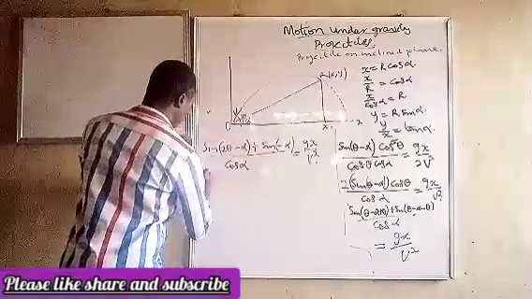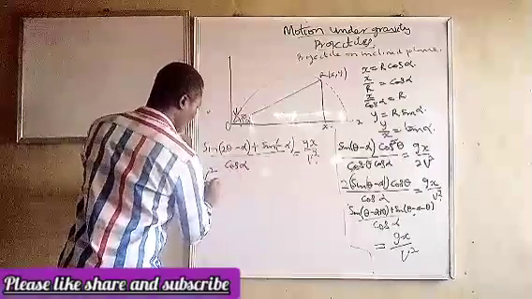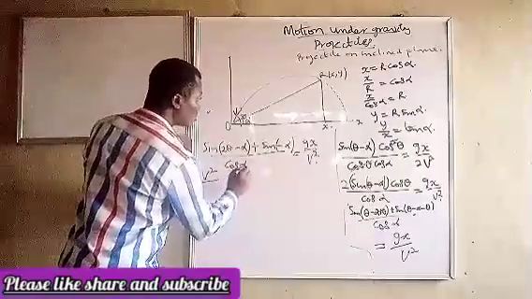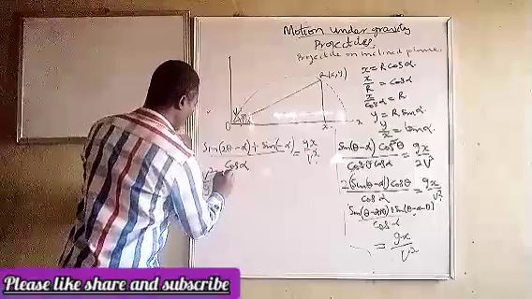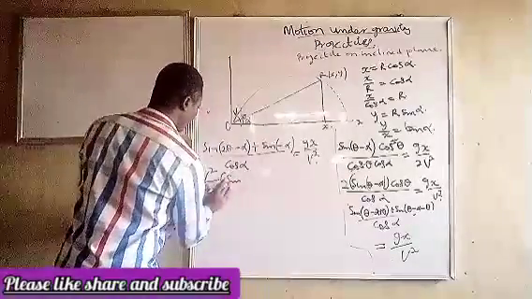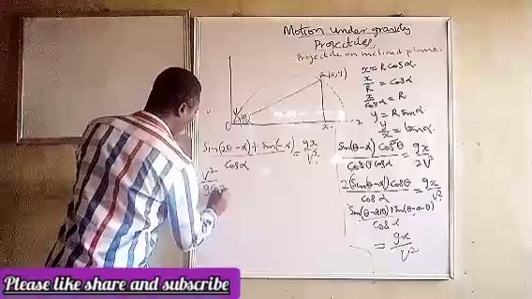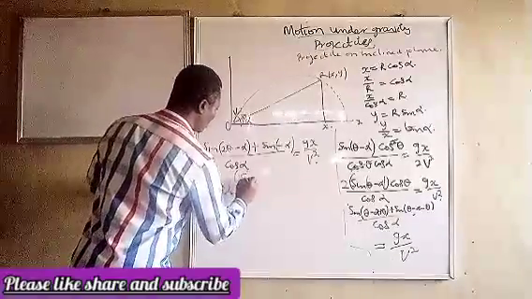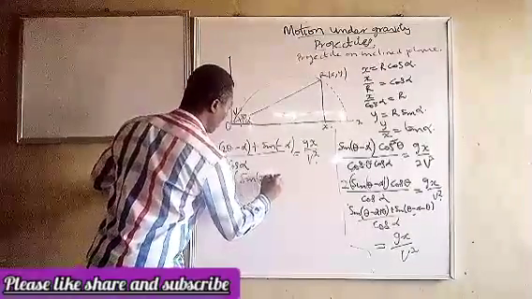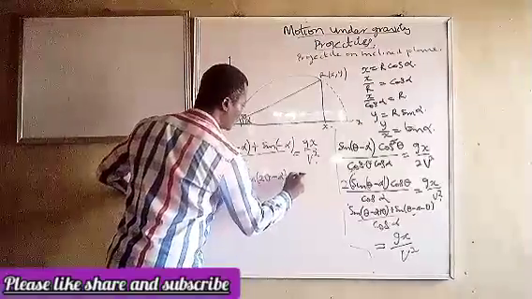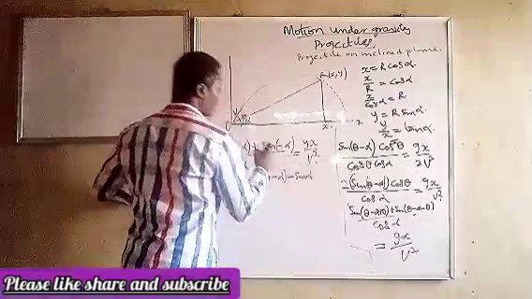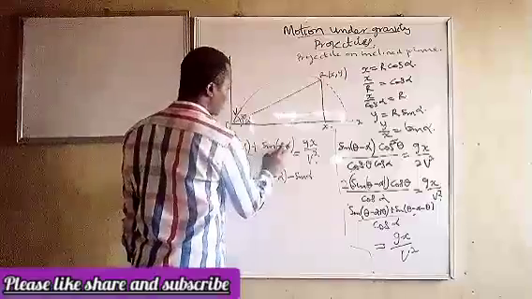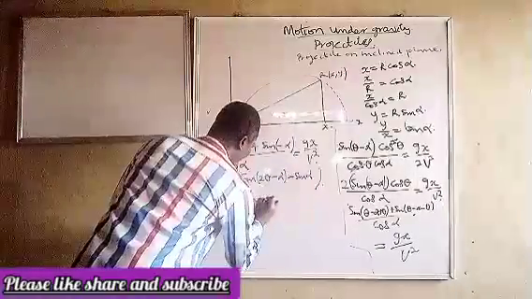Now let's make x the subject of the formula. So we are going to have v squared over g cos alpha into sine 2 theta minus alpha minus sine alpha, because sine minus alpha is minus sine alpha.